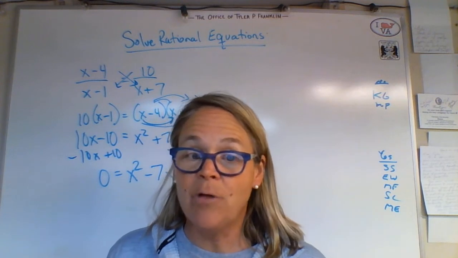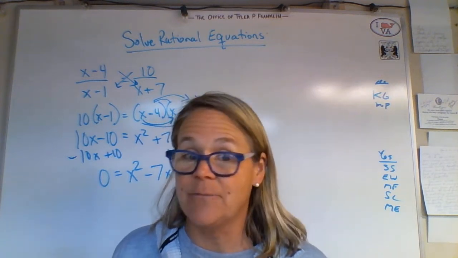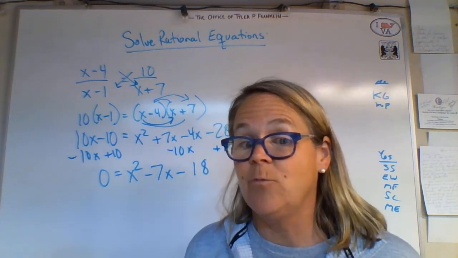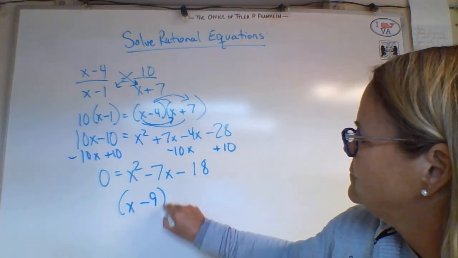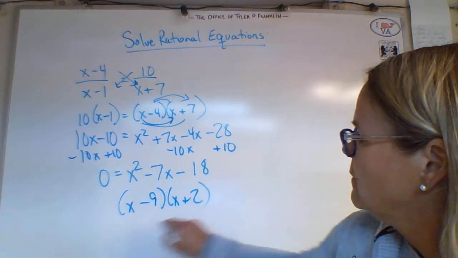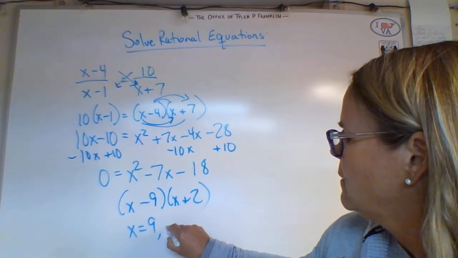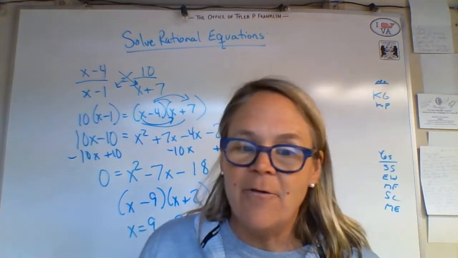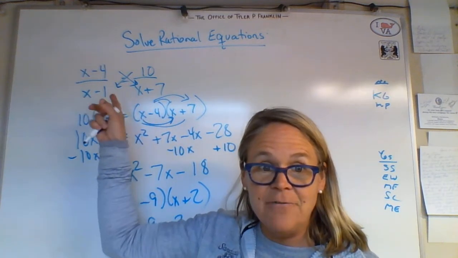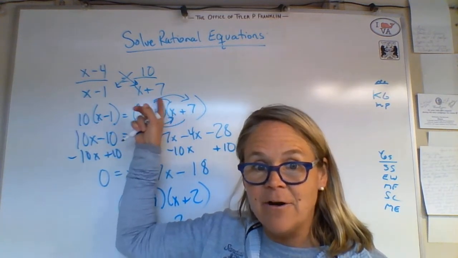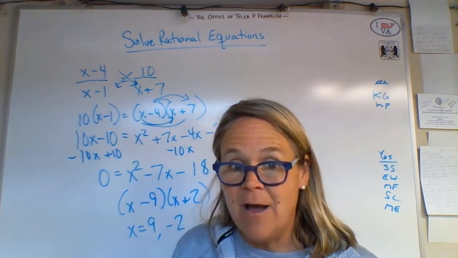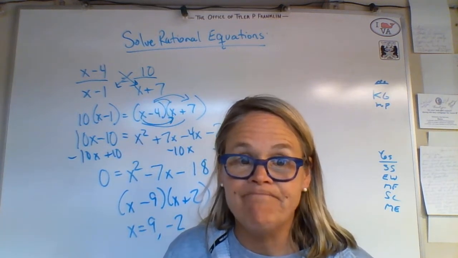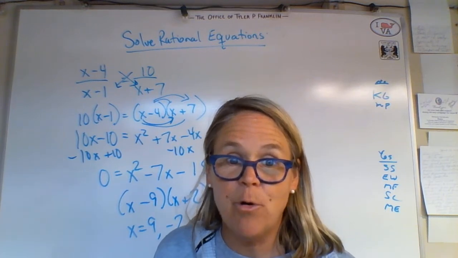Two numbers that multiply to give me 18, that subtract to give me 7 would be my 9 and 2. Now, if I check those 9 and -2 in the denominator, I'm not getting 0 for either one, so I'm good. Okay, that's a proportion.